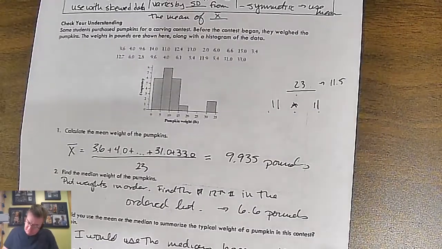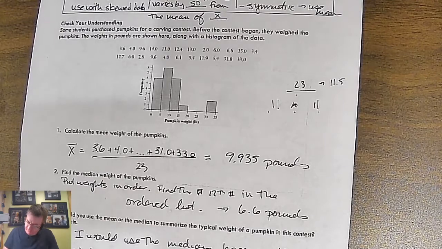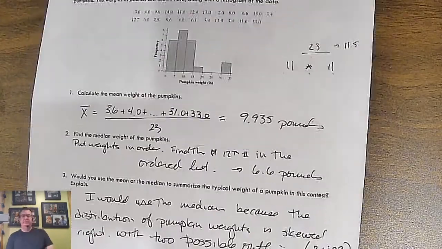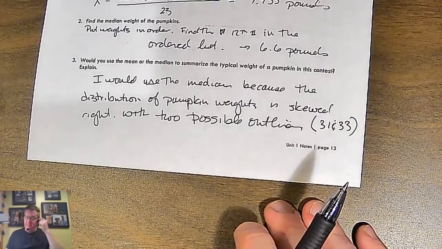And then you're going to list out what those are, 31 and 33. Ta-da! I'm sorry, you can see that. There you go. Anyway, but that's how you go through and do that.